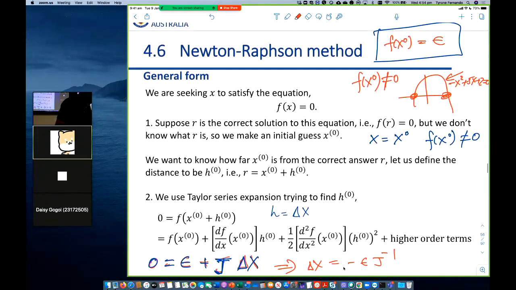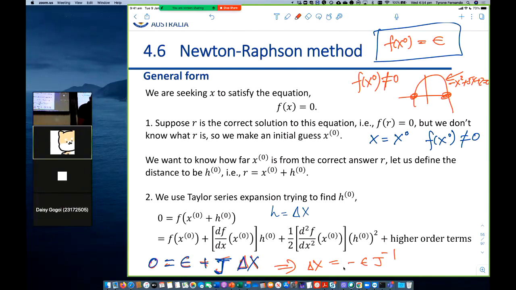All right. So the Gauss-Seidel technique is not the only technique that we can use to solve nonlinear equations. We can use another technique, called the Newton-Raphson method. Right? So what is the Newton-Raphson method?